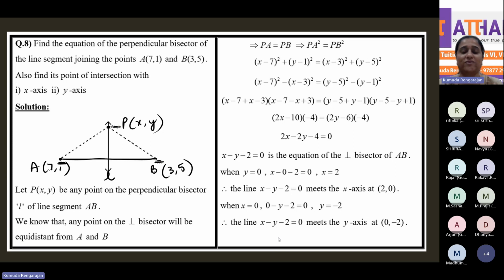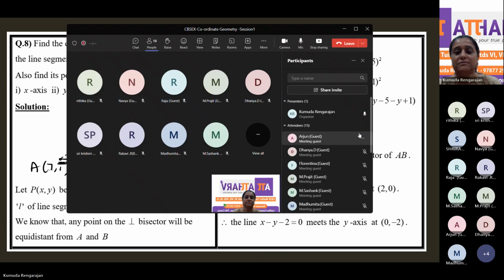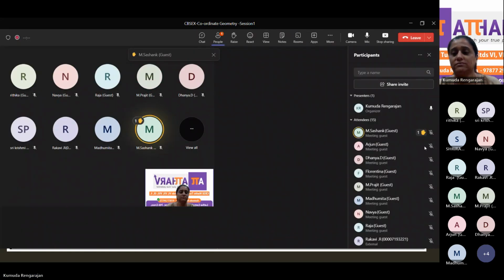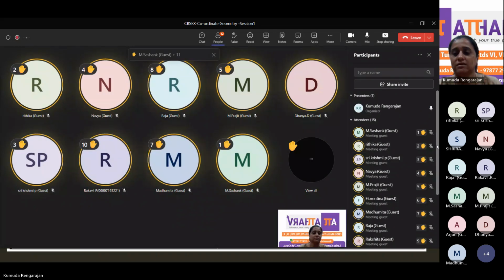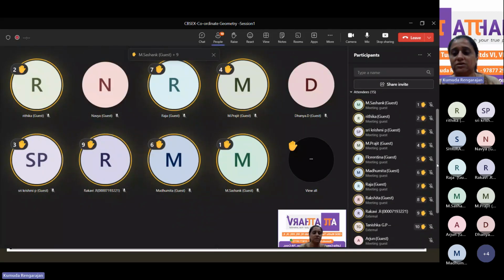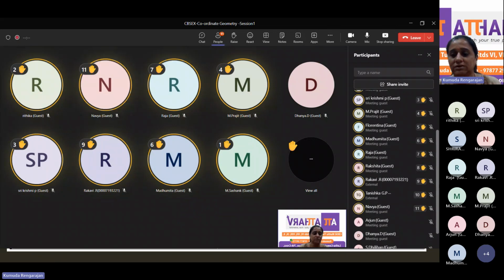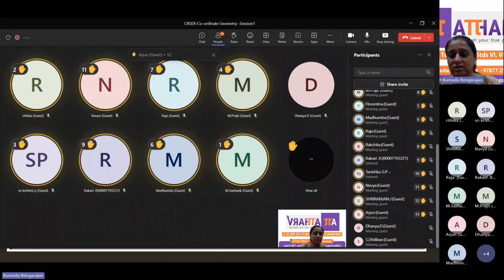Online students, oh, all of you are online, I'm sorry. Yeah, students, use the emoji, raise your hand. Sashank, Kritika, Krishni, Prajit, Florentina, Madhumita, Raja, Rakshita, Raghavi, Tanishka, Navya, Sri Ranjan, Arjun, Danya and Dilipan, you're there, right? Danya, very good.